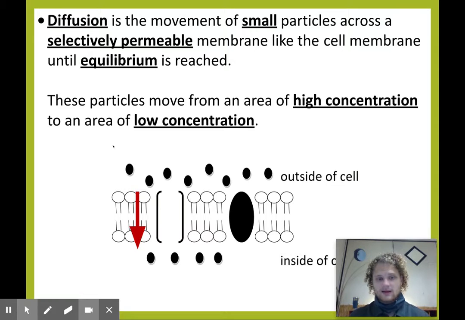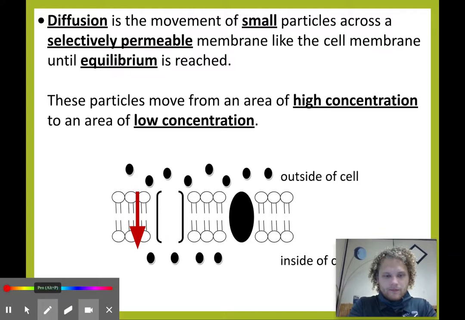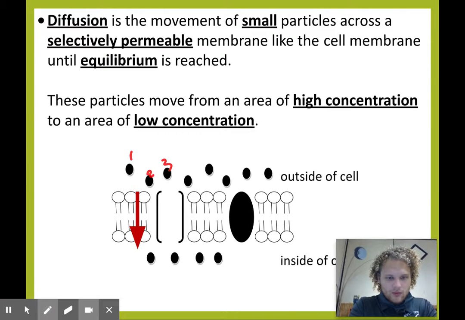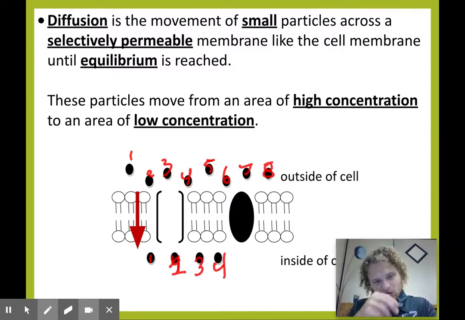Okay, so here in this example, we have a couple different particles. We got 1, 2, 3, 4, 5, 6, 7, 8 particles on the outside. And we have 3, 4 particles on the inside. So we need to balance this out.